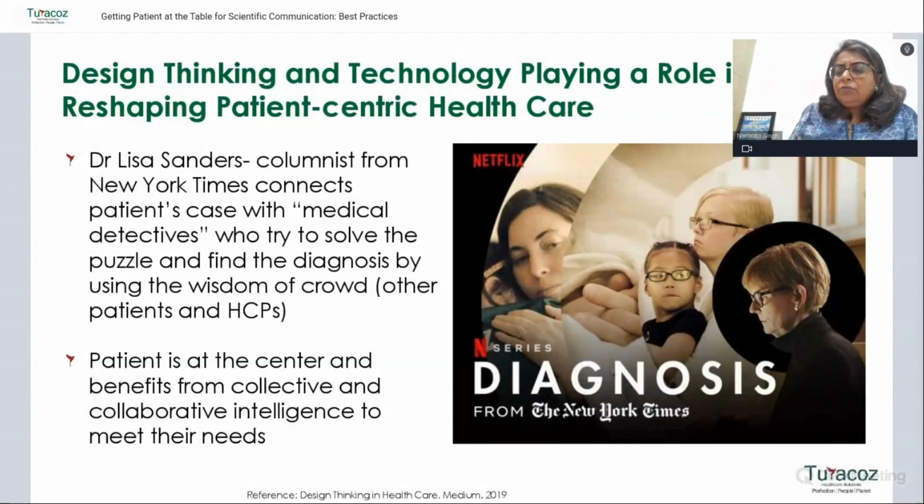Now what this series shows us is that they have certain patients who have not been diagnosed by their doctors, by their hospital, and they are still searching for a diagnosis.